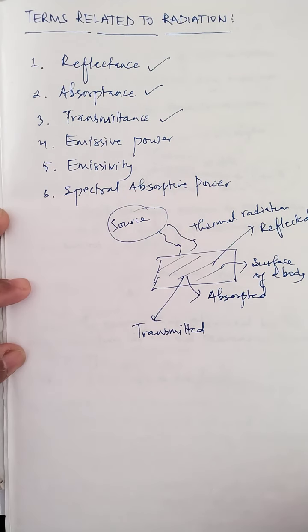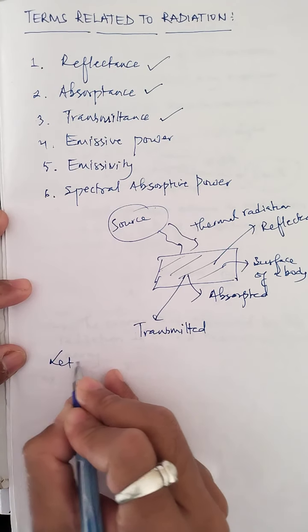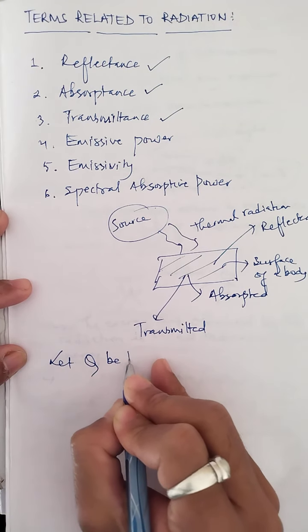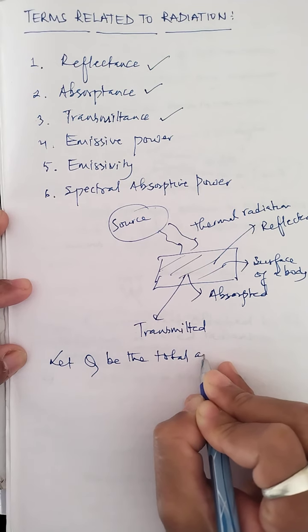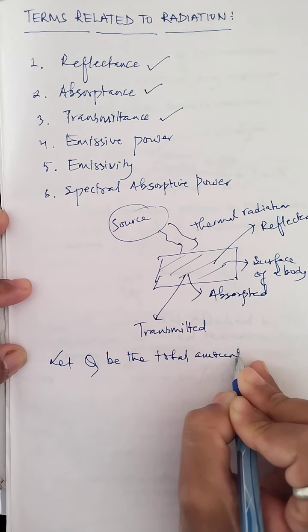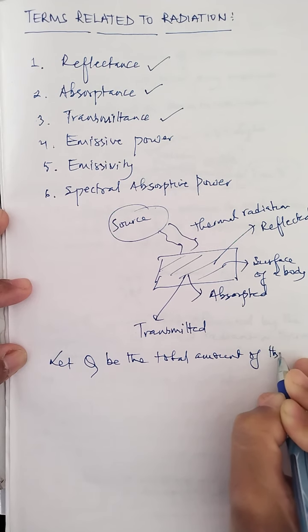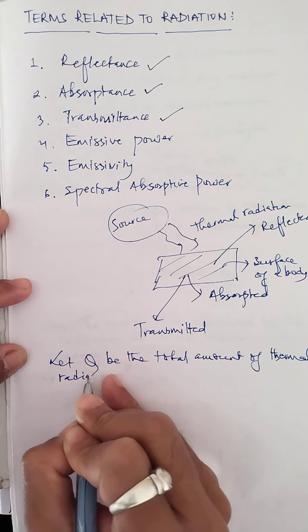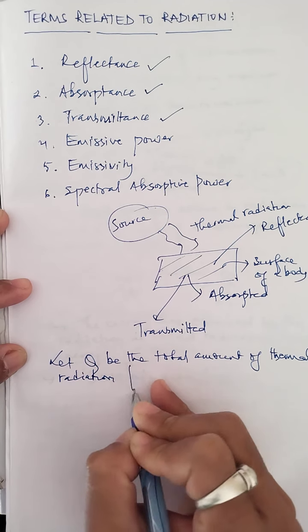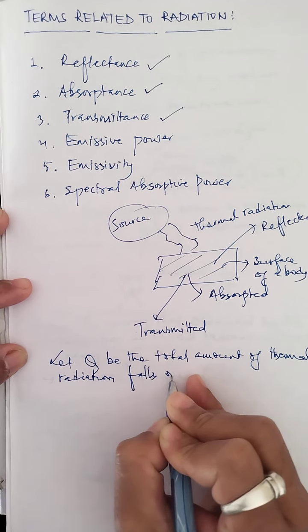So let Q be the total amount of thermal radiation that falls on the surface.